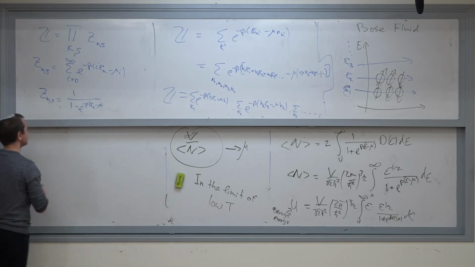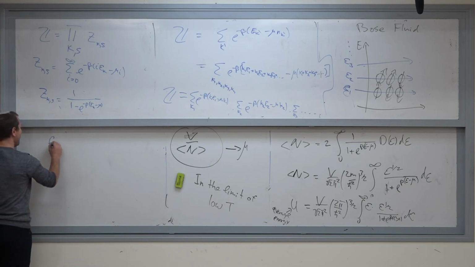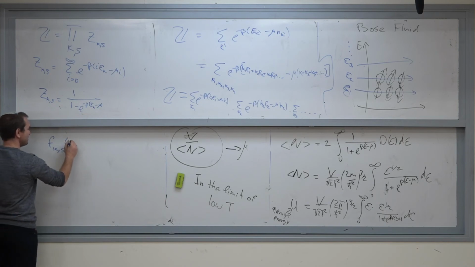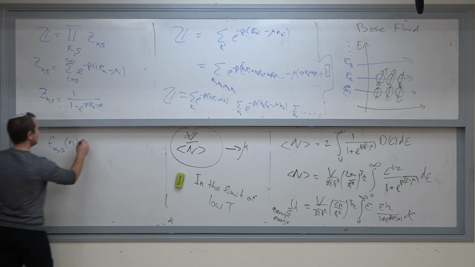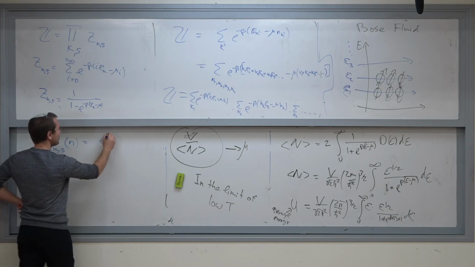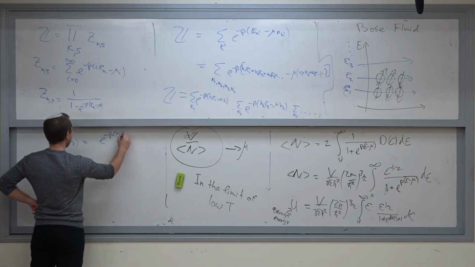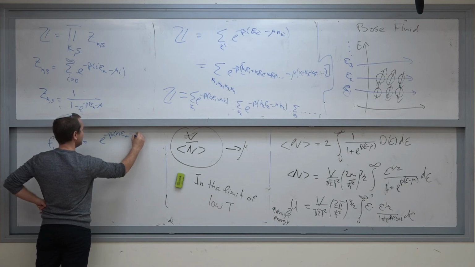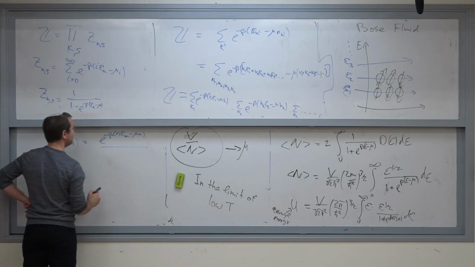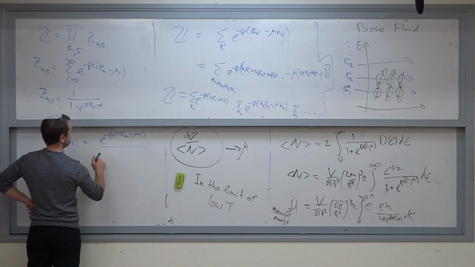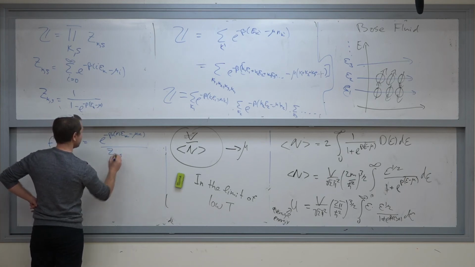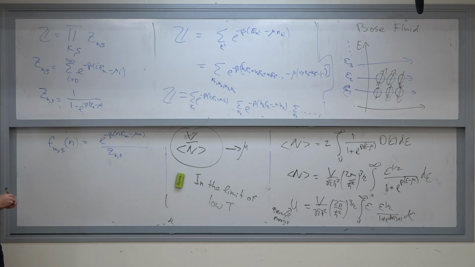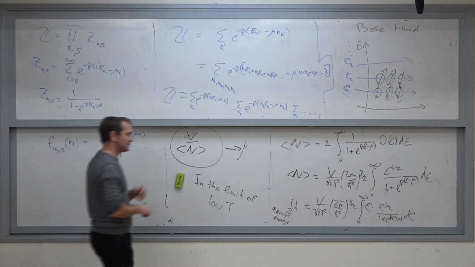So I can ask, the probability F of the state K and S to be occupied by n number of particles is simply e to the power minus beta n epsilon k minus mu n, divided by zeta ks.